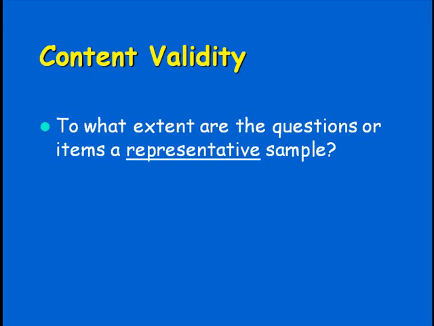If we developed a depression inventory and of the DSM definition of depression, we only included 3 or 4 of the dimensions of depression, let's say appetite or sleep, mood, but we excluded other dimensions of depression, then we would say our measure had low content validity because our questions or items were not a representative sample of depression, of that construct that we're trying to measure.